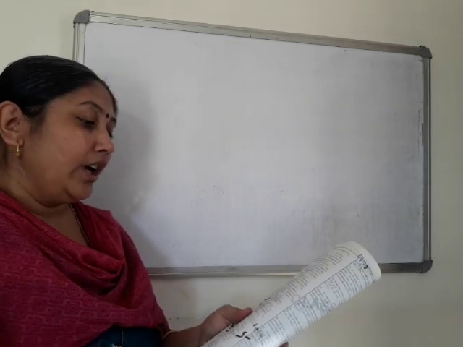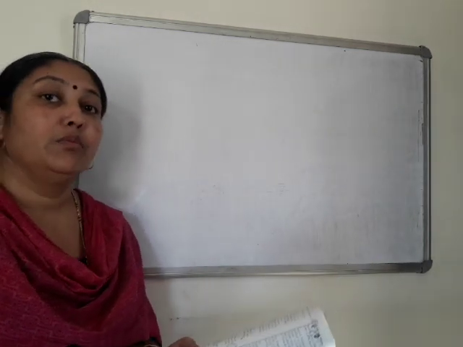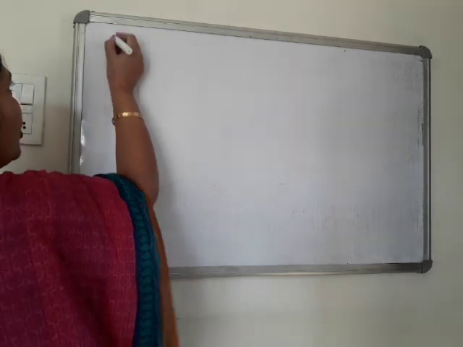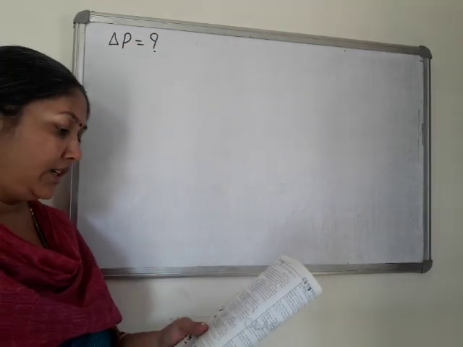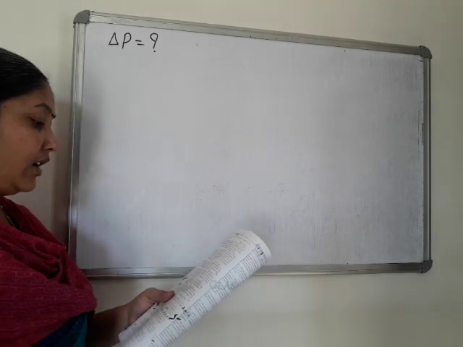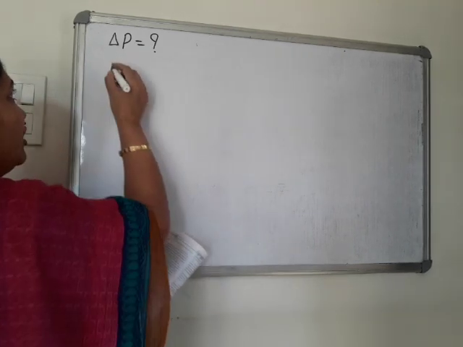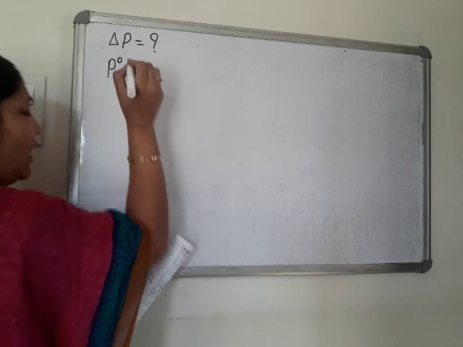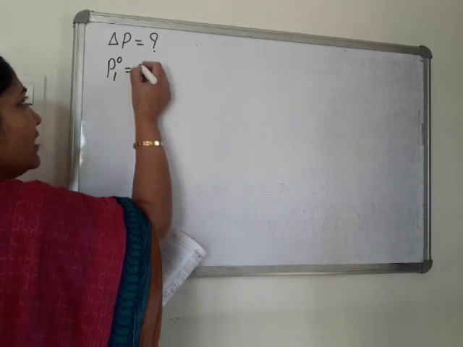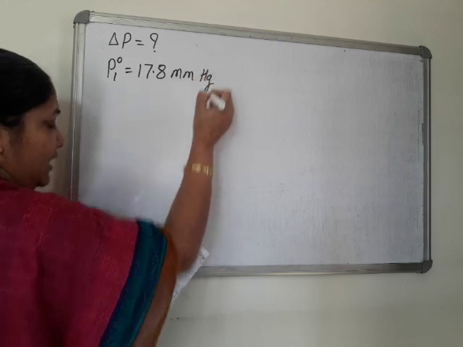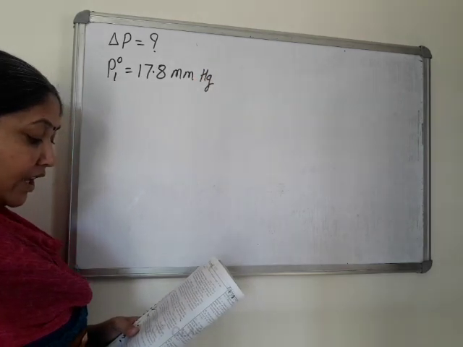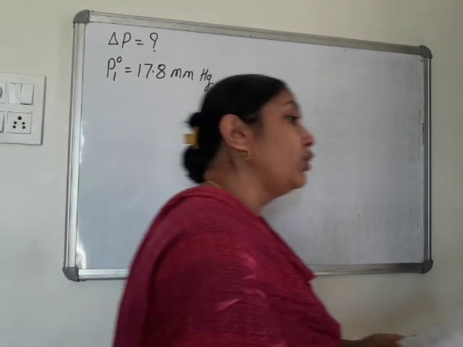Yes, simple. Calculate lowering of vapor pressure, means we have to find delta P, the difference. And vapor pressure of water means pure solvent, so P01 is given as 17.8 mmHg. And a 0.1 molal glucose solution.